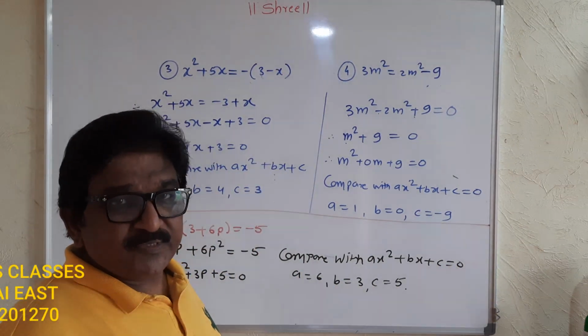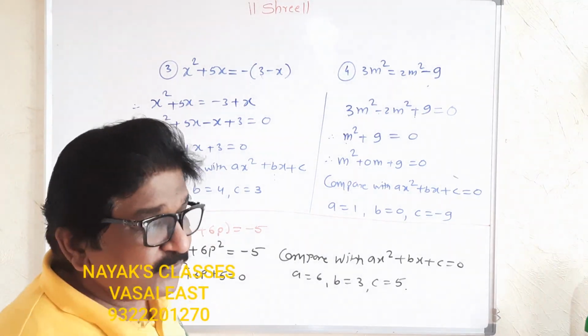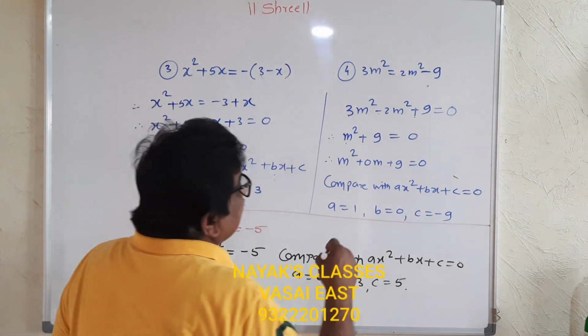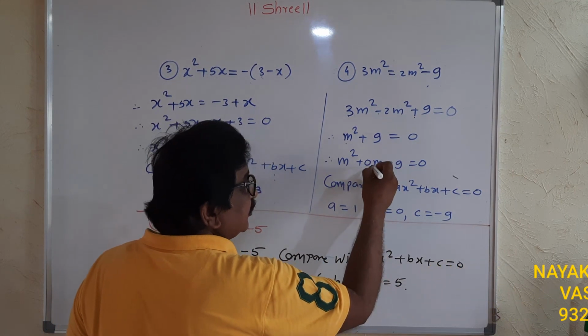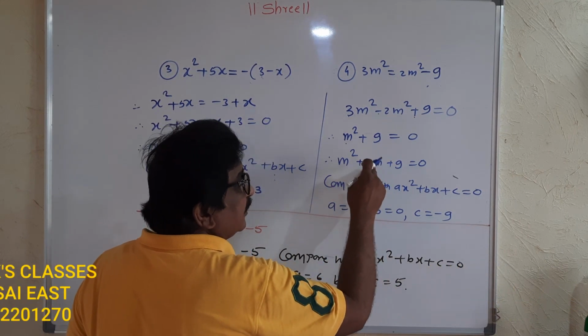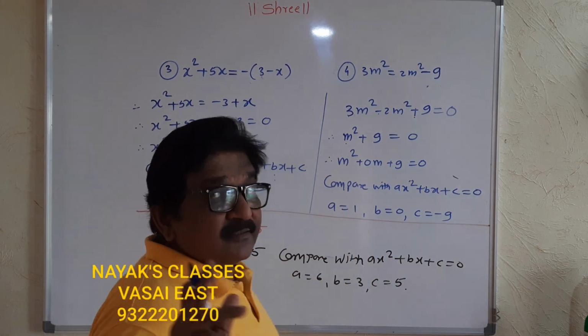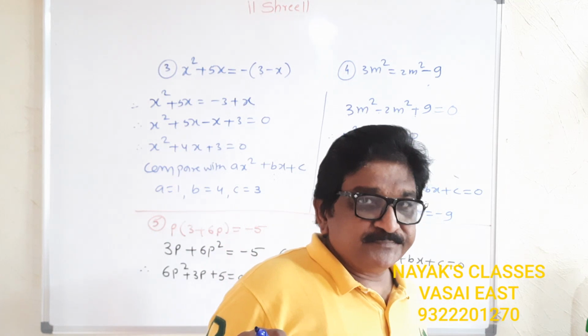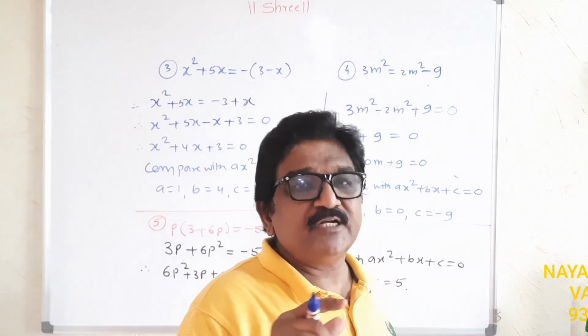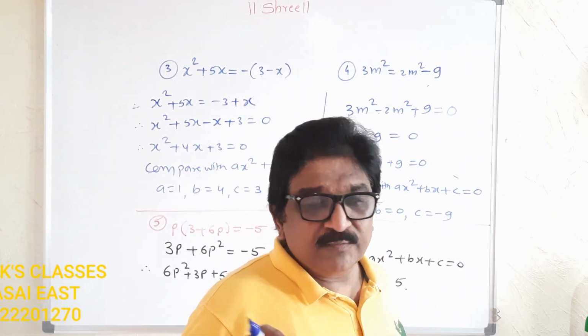But one term is missing, the middle term. We have to bring it. How? Put 0m. 0 must not be with the square term; 0 with other terms can be allowed.